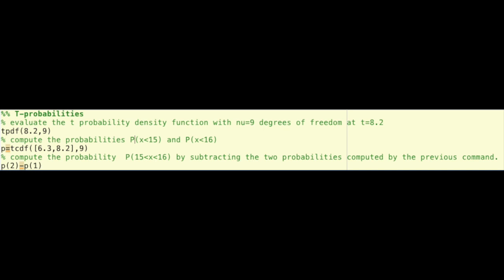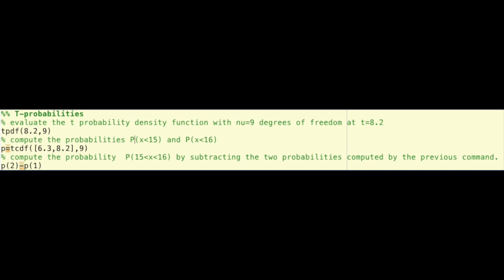To compute an actual probability, for instance, that our random variable x falls between 6.3 and 8.2, given that there are 9 degrees of freedom, we would provide a vector of those two endpoints of our interval to the first input of the tcdf function, follow that with the number of degrees of freedom, or 9.